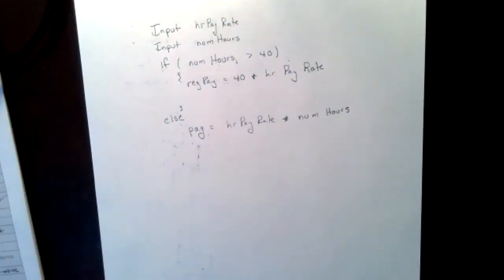Sound good? Question. Couldn't you just, because they're going to enter their hours worked, couldn't you just do hours worked and subtract 40? And then whatever's left over, you multiply that by what, time and a half? So that's where we are now. There's multiple ways to do this. I'm just doing the regular pay, the overtime pay, and then what the total pay would be.